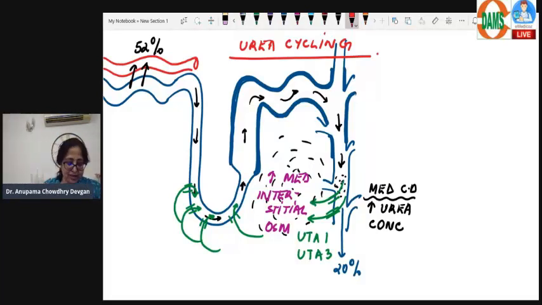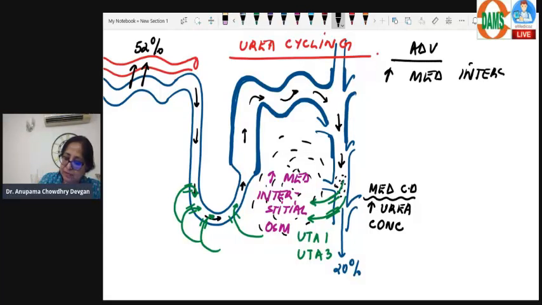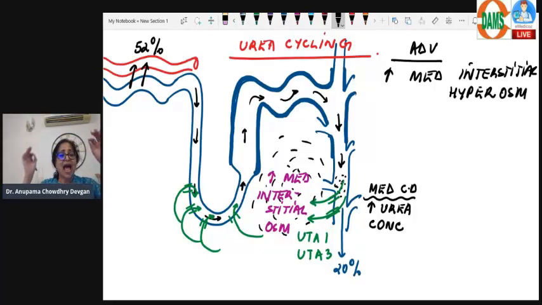What is the advantage of urea cycling? It increases the medullary interstitial hyperosmolality. And do I need any energy for urea absorption?